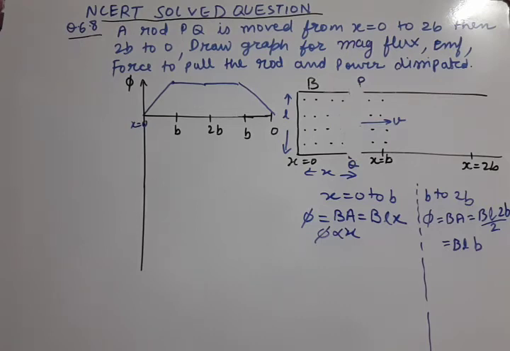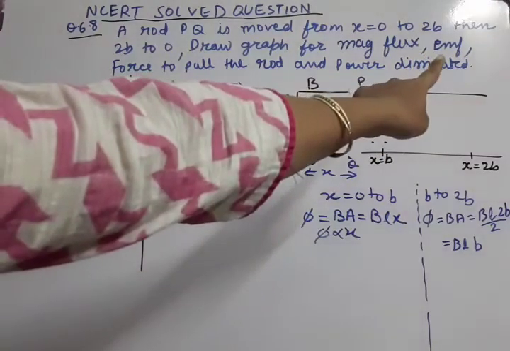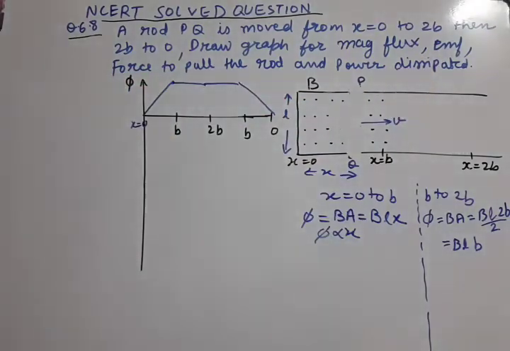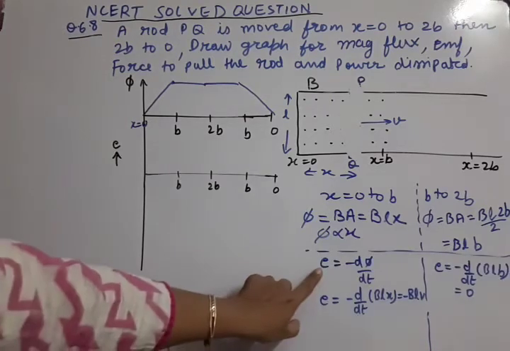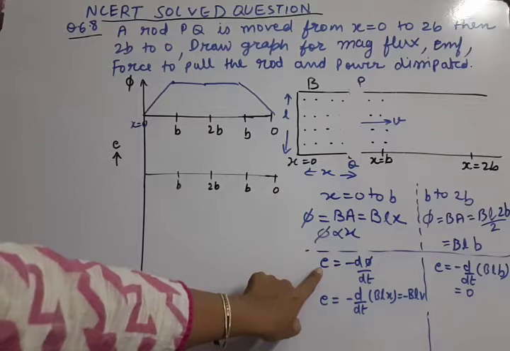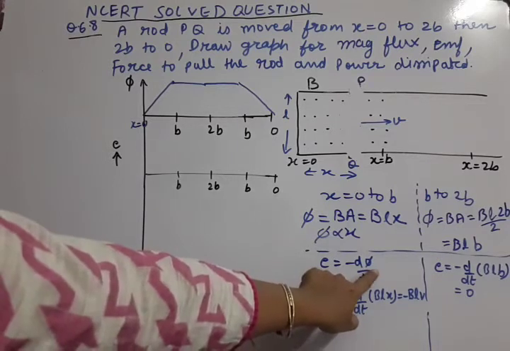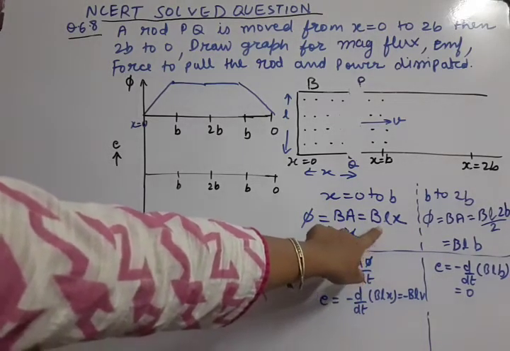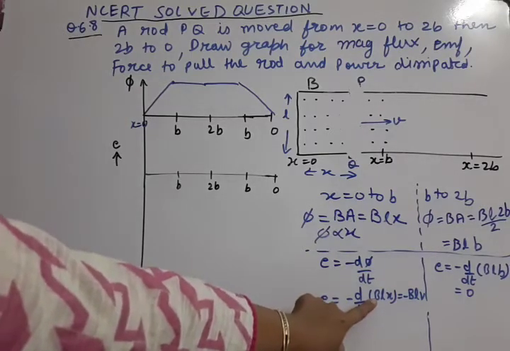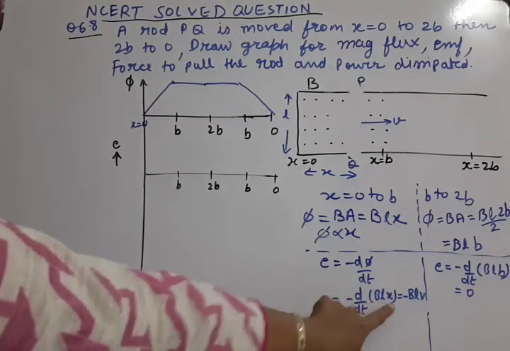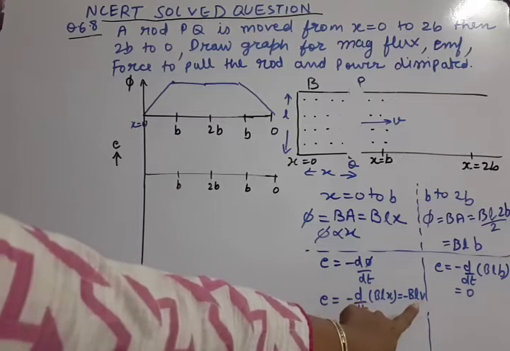Now we have to solve another component, that is the induced EMF. How do we get the induced EMF? That is using Faraday's second law. By the formula E equal to minus d phi by dt, if I put the phi value we got here, BLx, then B and L are constant, but dx by dt will become velocity v.